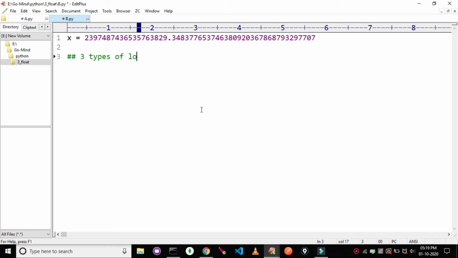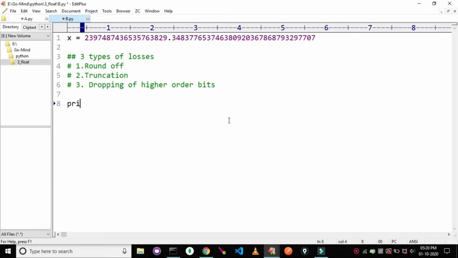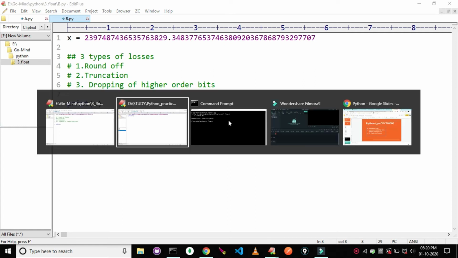So there are 3 types of losses: scientific notation, round off, and dropping of higher order bits. If we have a very large float value, then either of the 3 losses will be encountered.